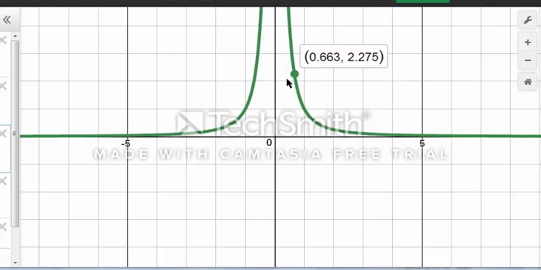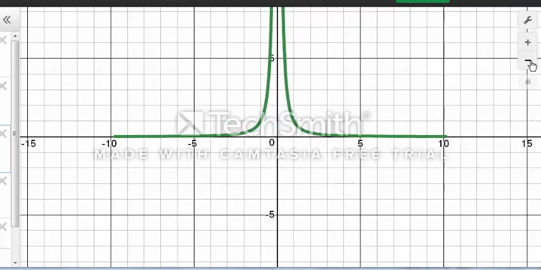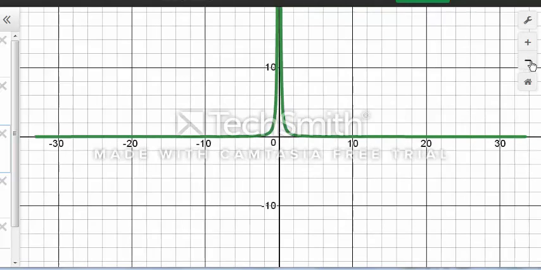We're getting closer and closer to x approaching 0. You can start to see that the y values start to increase. So we're going to zoom out a bit. Here you see that the y values are increasing quite a bit.